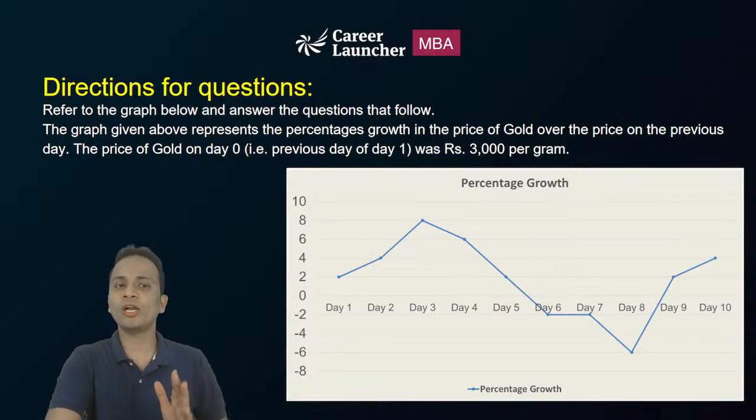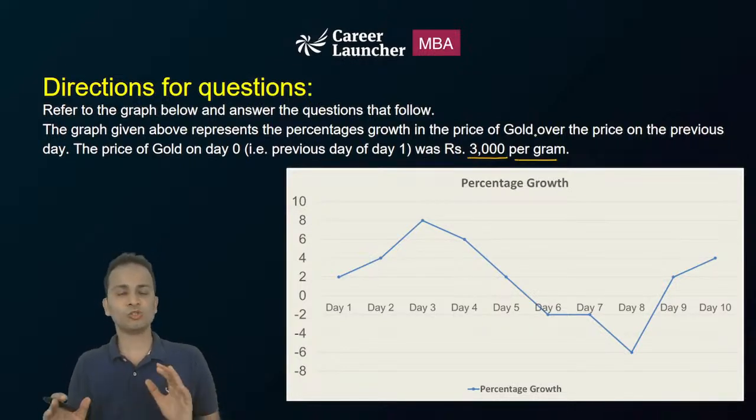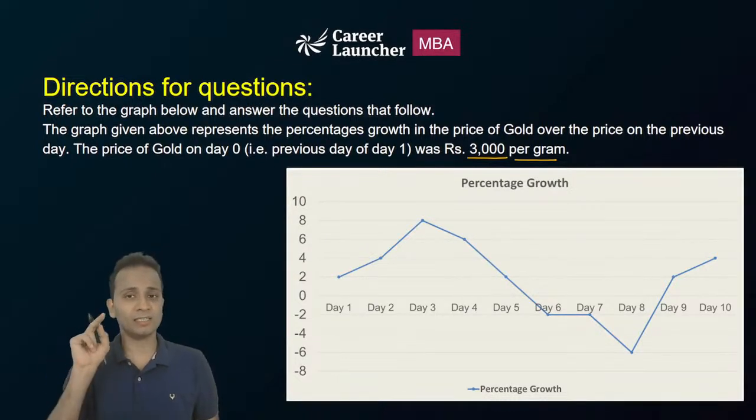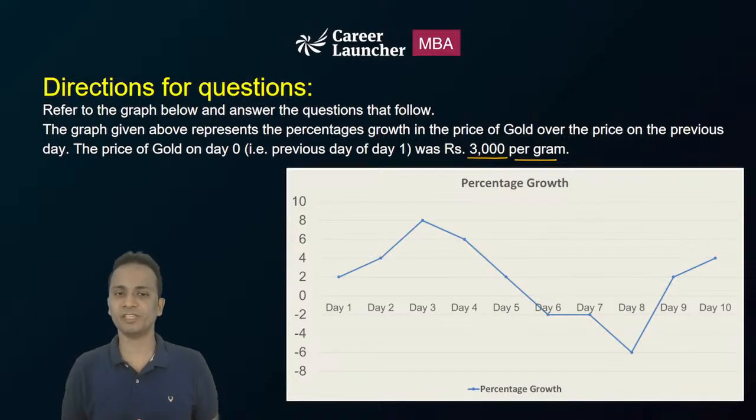The price of gold on day 0, that is the previous day of day 1, was rupees 3000 per gram. So they have given the price of gold on the 0th day. And the line graph that you can see gives the percentage growth in the price of gold over the price on the previous day.